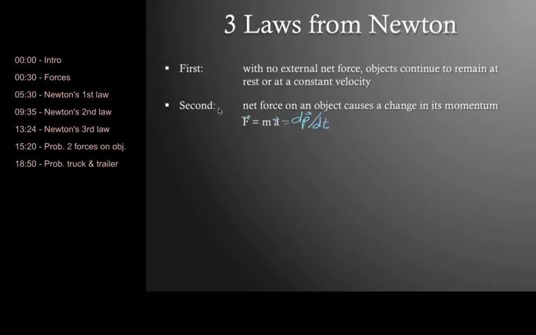If we had no net forces, then the momentum of an object was constant. So let's just write this out. No net forces, 0, is dp/dt. So this is going to give us P final equal to P initial. If there were no net forces, then the object's momentum would be constant.